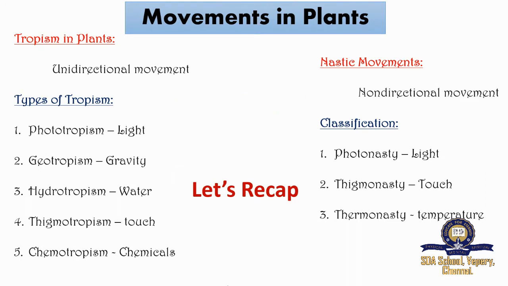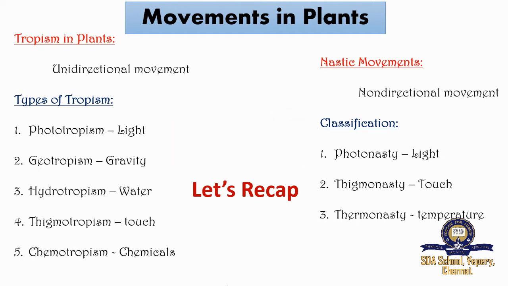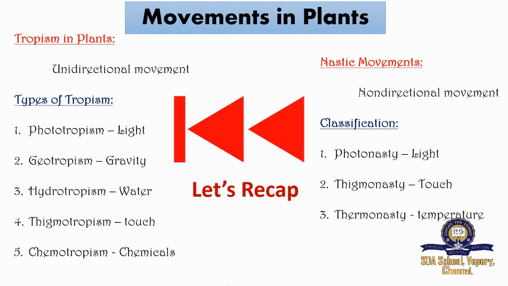The best example for photonasty would be the morning glory. Yes, right, we saw morning glory in the previous video. As the light gets brighter, it blooms. The second one is thigmonasty. The best examples for thigmonasty would be mimosa pudica, which is the touch-me-not plant, and the Venus flytrap plant.